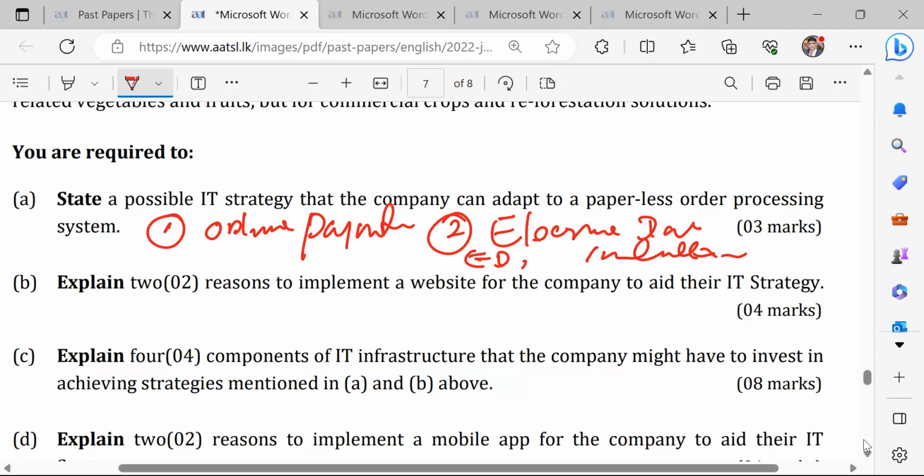EDI, electronic data interchange, online, and they can use barcodes, RFID, right? Those strategies they can use.